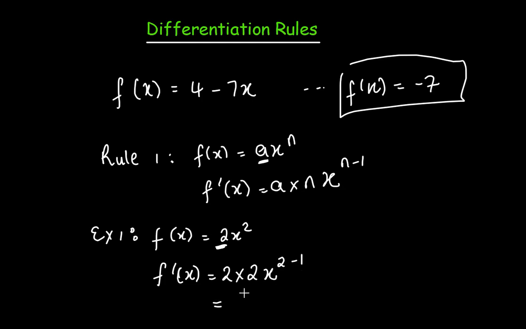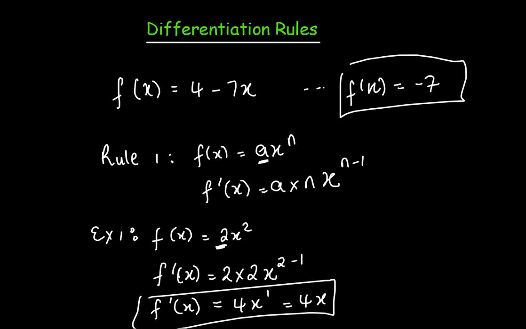So 2 times 2 is 4, then the exponent is 2, you subtract 1, then you have 1. So your answer is just 4x. That is how simple it is.